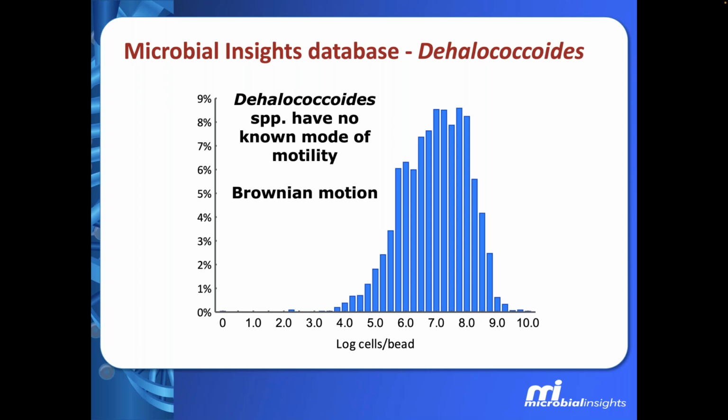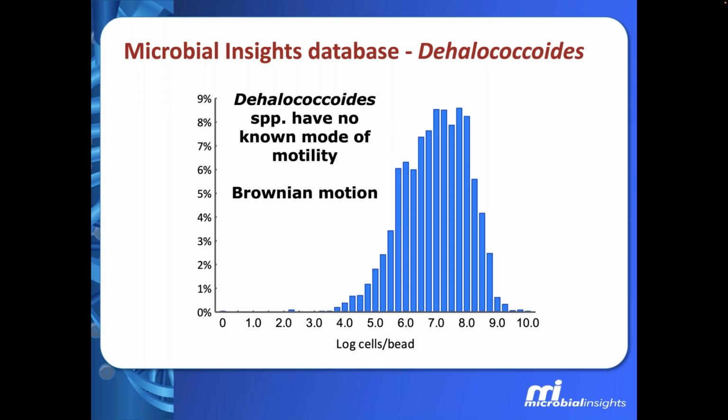Brownian motion results in the microorganism coming in contact with the bead, and the environment in that bead is now enriched in nutrients because of the active surface of the powdered activated carbon on the inside of the bead, and microorganisms then grow into the bead if they're environmentally competent under those conditions. So that's the way that we get the Dehalococcoides inside the bead.